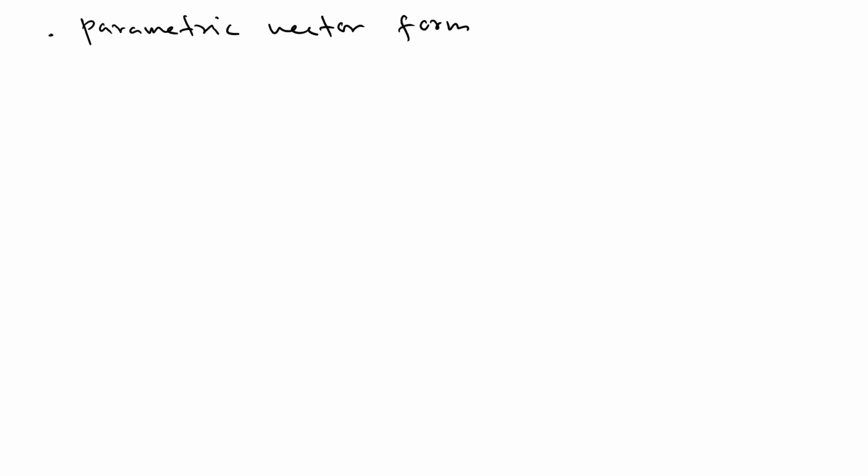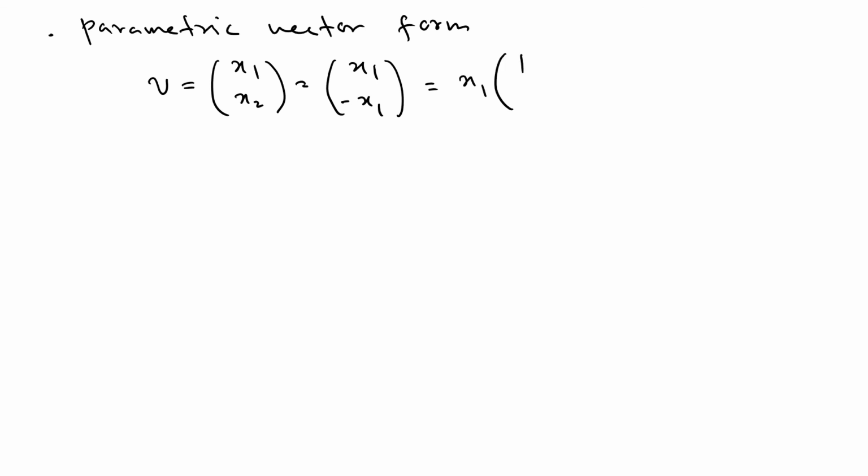So we can call v the vector which has x1, x2 components. Now we can substitute x1 as x1, x2 is negative x1. That's what we got, and then we're going to pull the x1 out. So 1, negative 1, and then x1 is a real number. Okay, that's a parameter.